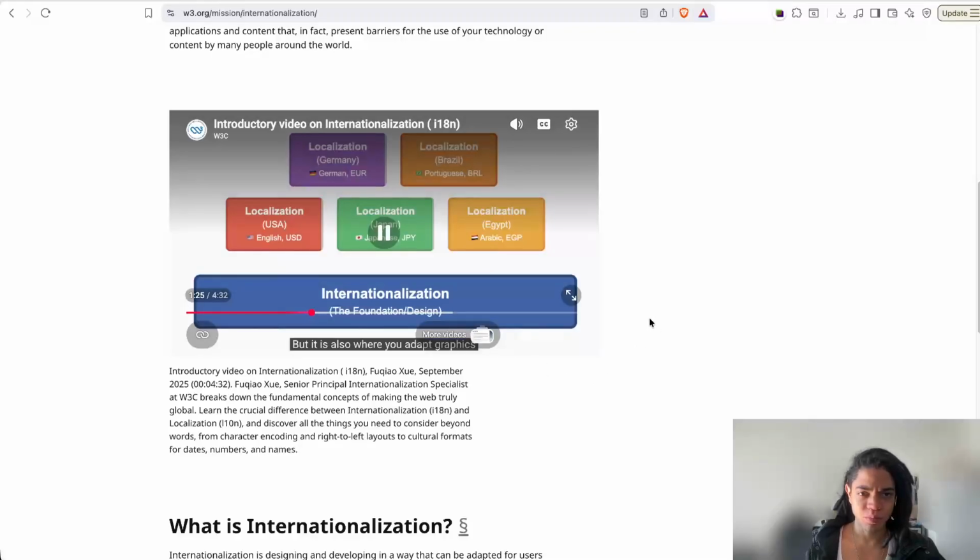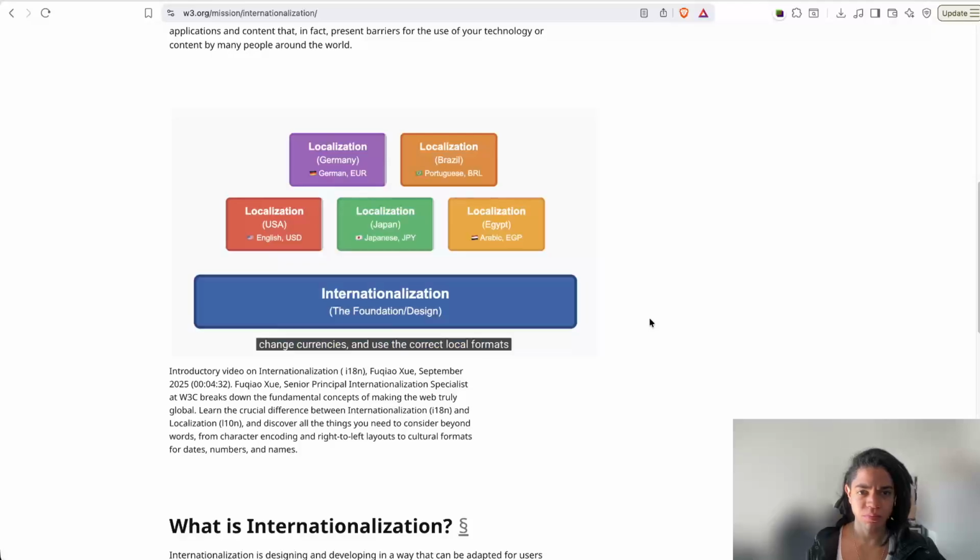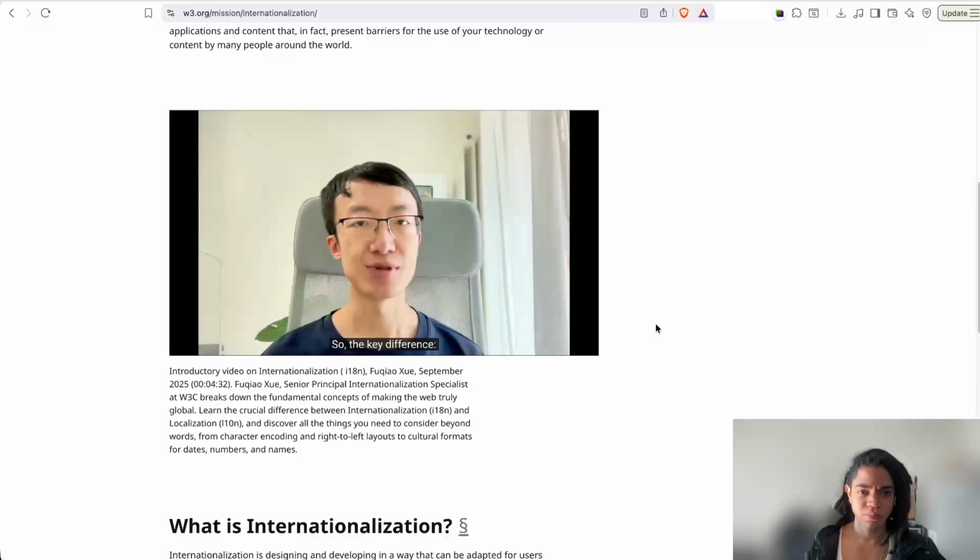But it is also where you adapt graphics, change currencies, and use the correct local formats for things like dates and addresses. So, the key difference, internationalization is designing for potential. Localization is delivering for reality. So what does this foundation, this internationalization, actually include? It's so much more than just leaving space for text. First, character encoding.